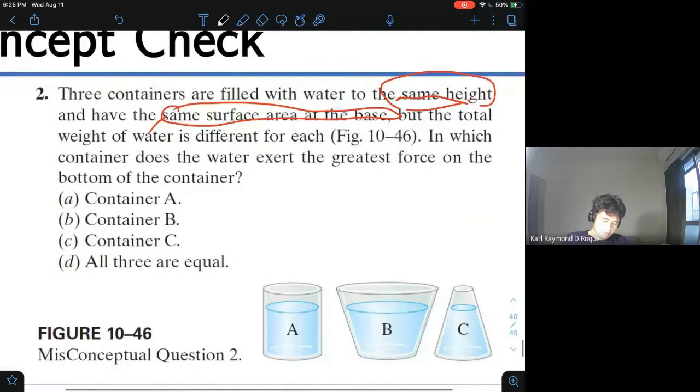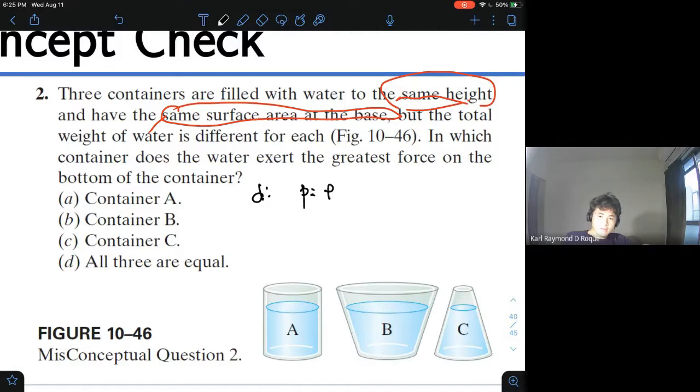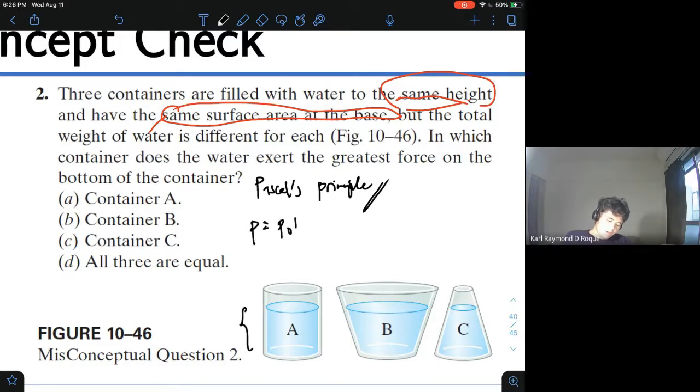Sige, bakit D? Ito mangyayari. Di ba? Pressure equals force is proportional to the surface area. No, not exactly. Pero ang pinaka-best answer is Pascal's principle. Pero pwede rin sinabi mo, Jeremy. Pero ito kasi, pressure o not plus rho GH.